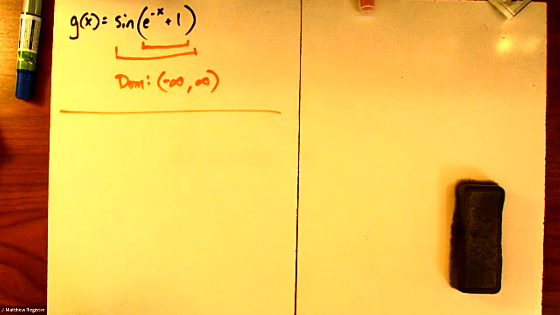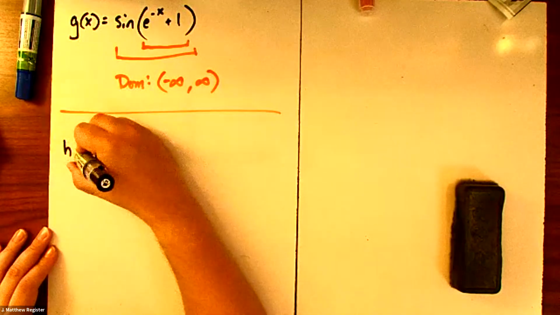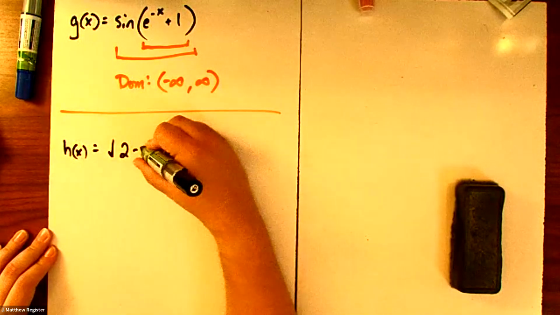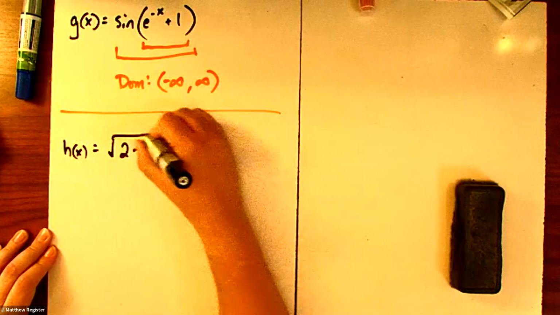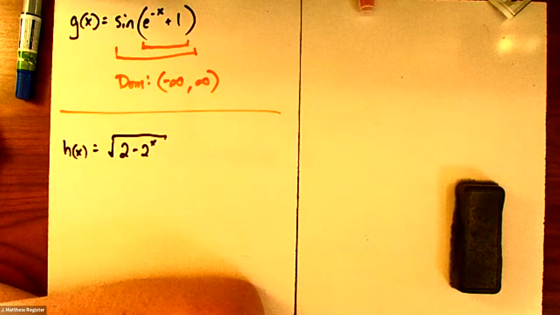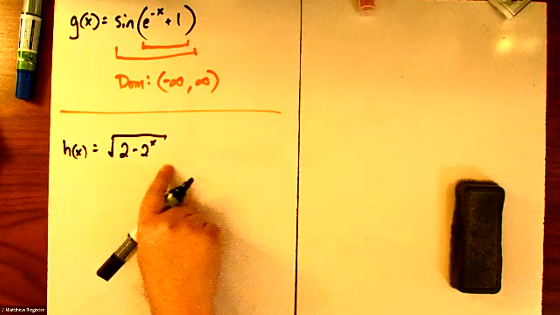It's always nice when you get easy ones like that. The next one's a little bit more complicated. And so the next one is h of x equals square root of 2 minus 2 to the x. And so again, the question becomes, when do things go bad if we're trying to find the domain? And in this case, we have a square root.